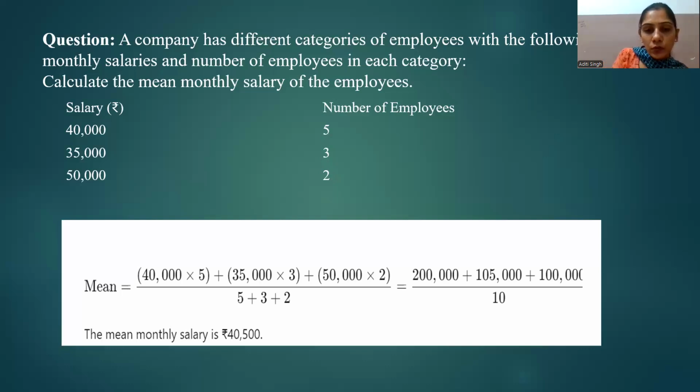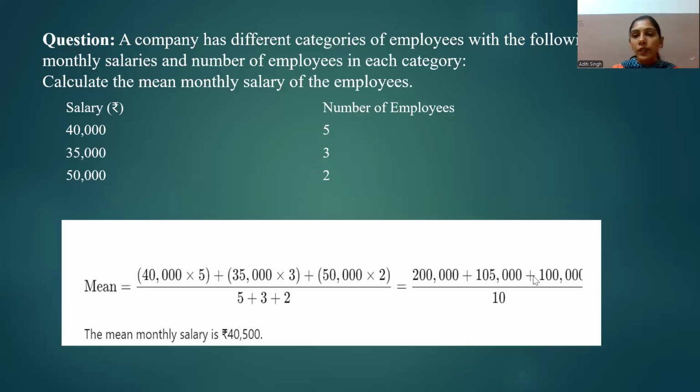What you can see here is that we have already done this calculation. While calculating the mean, we have already multiplied 40,000 with 5. The answer is 2 lakh. When we multiply 35,000 with 3, the answer is 1 lakh 5,000. When we multiply 50,000 by 2, the answer is, oh, sorry, 1 lakh.